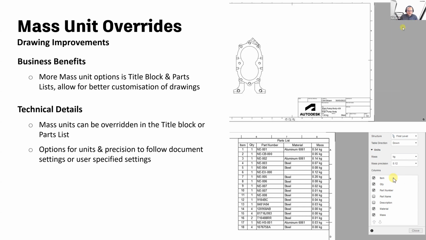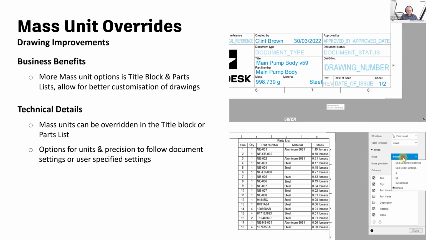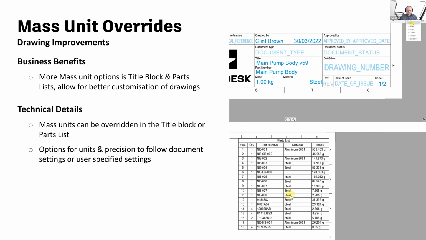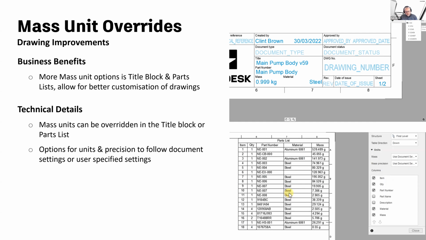So if you have a specific mass unit you want to use and the model is using something else, you can just override it. This can be done in the title block. Now that you can add that model mass property, you can also override that mass unit.